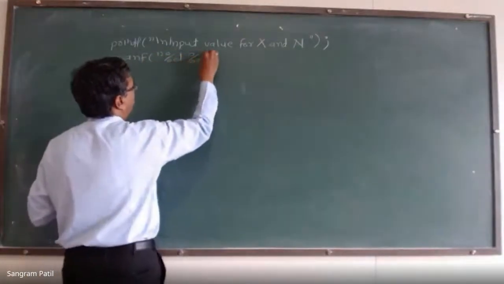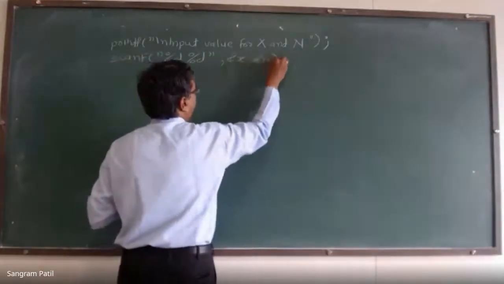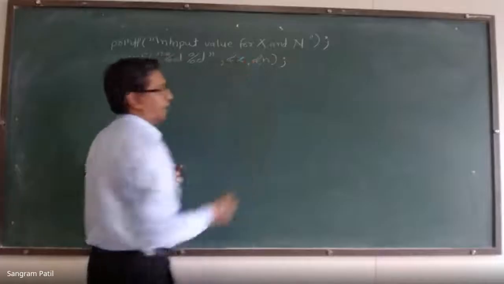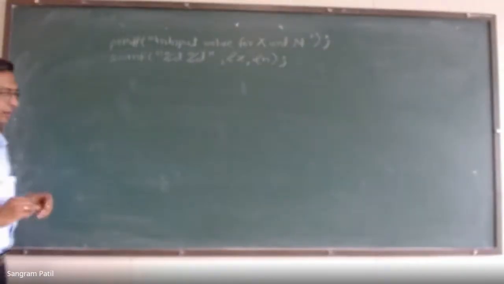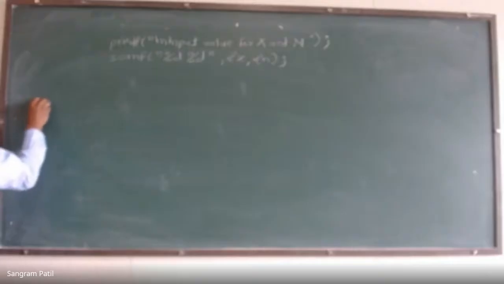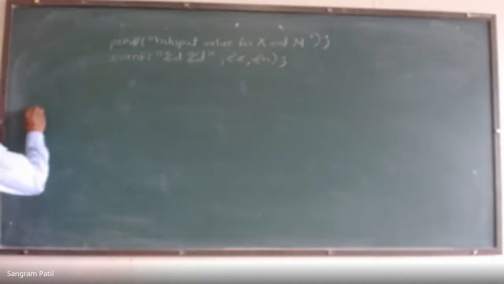I want to read two numbers, so I am giving 2 %d to read the values of x and n. And I want to find out x raised to n.